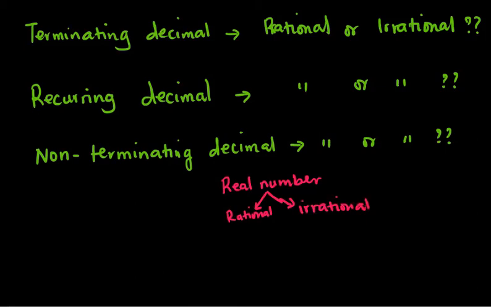And then the rational number will have terminating decimal and recurring decimal.